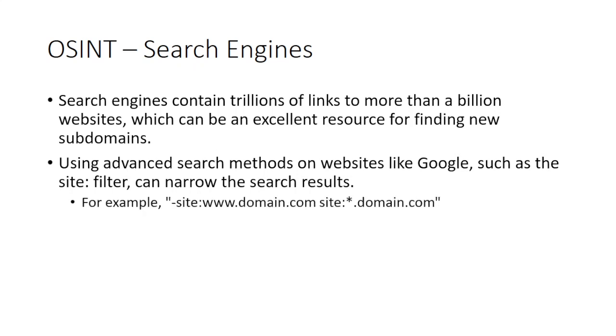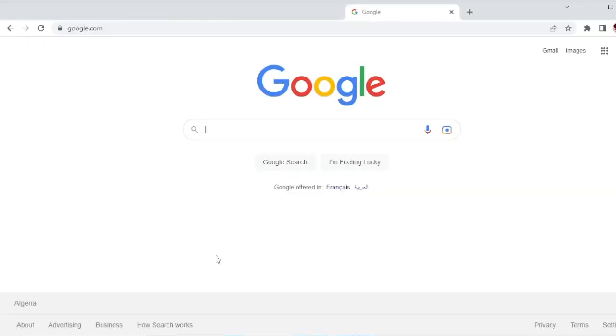For example, if we search for this, it would only contain results leading to the domain name domain.com, but exclude, because we have the minus here, all the links that are from the subdomain www for the same domain. So let's try that for tryhackme.com and try to find other subdomains.